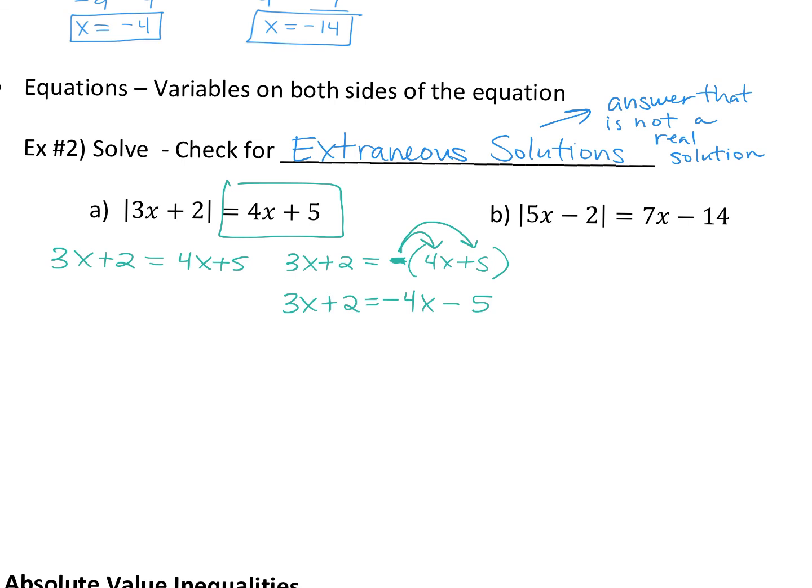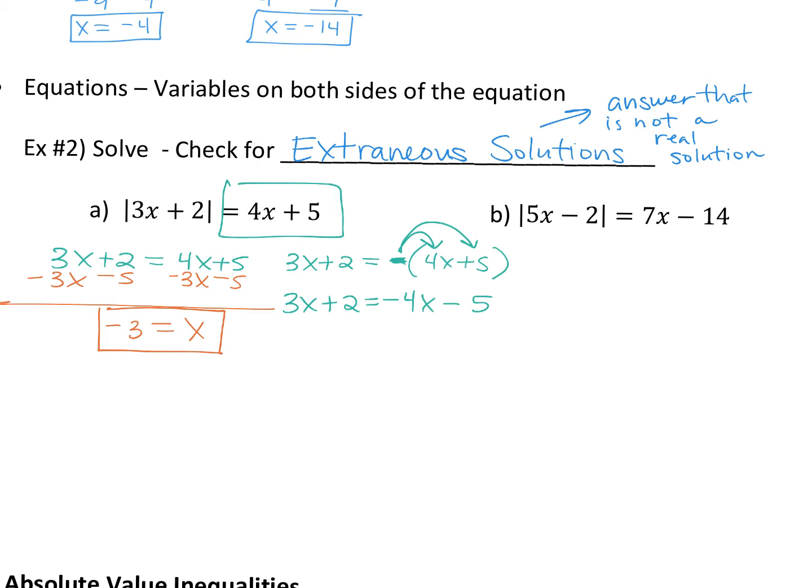Okay, so simplify. I'm going to take those boxes away. Take away a 3x from both sides on that left one, and then we get an x. Then I'm going to move this 5 over to the other side. 2 minus 5 is a negative 3. Okay. Move over to the right side.